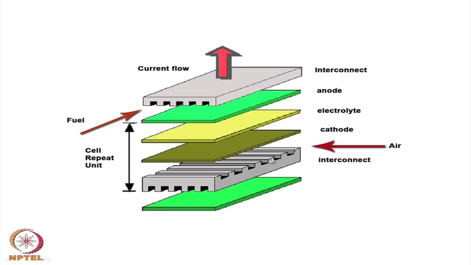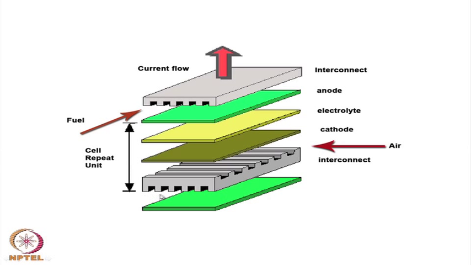This is a conducting material, and metal is certainly a good conductor, or rather an alloy, ferritic steel. So, that is a good conductor. It provides the electrical contact and also provides the channels for the flow of the gaseous reactants, and there is a cross flow. This is a cross flow design.